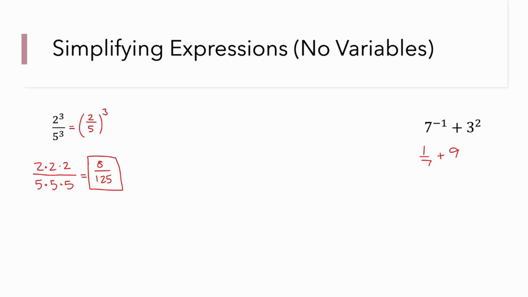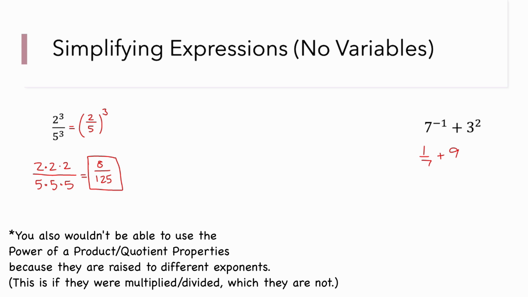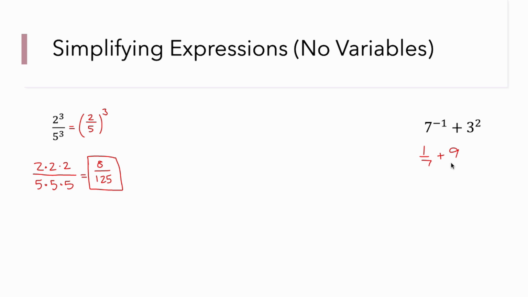If it were multiplication, you still wouldn't be able to use the product of powers or quotient of powers properties because they have different bases. So we have this 1/7 plus 9, and we get 9 and 1/7 as our final answer.